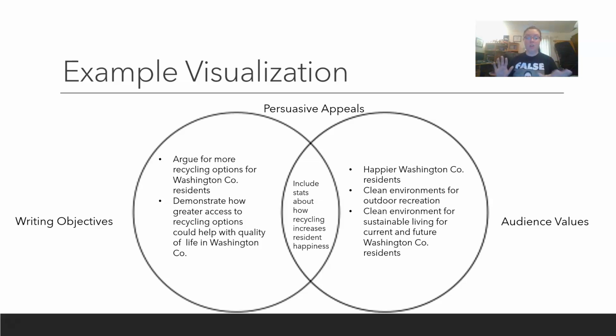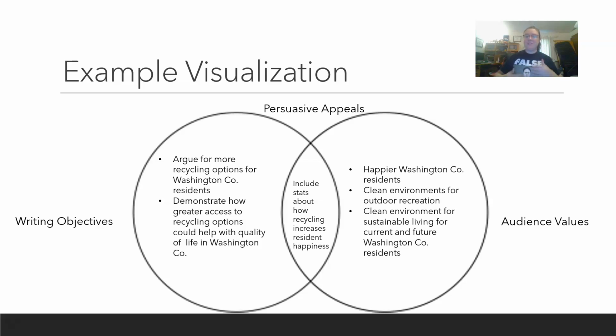So once we've identified what our purpose, goals, and objectives are, and we've identified what our audiences value, and perhaps some ideologies that undergird those values, then we can start to determine what our persuasive appeals will be. So maybe I say, okay, well, I'm going to include statistics about how recycling increases resident happiness. Maybe you find a scholarly article about residents in a particular community in Iowa who went from not recycling at all to really embracing recycling in every aspect of their life, and residents are self-reporting that they feel significantly happier since the program started.